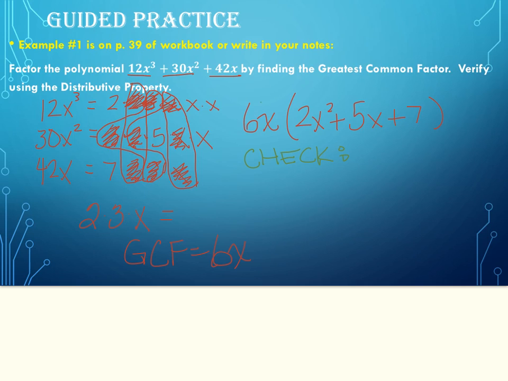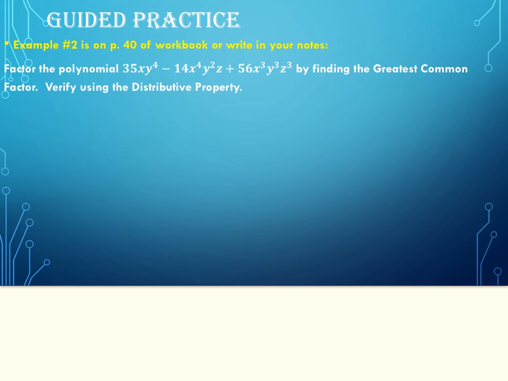What you're going to do is distribute: 6x times 2x squared is 12x cubed. 6x times 5x is 30x squared. And 6x times 7 is 42x. And if you look, that's what you got way back at the beginning, which means you did it correctly. Yay. Let's move on.